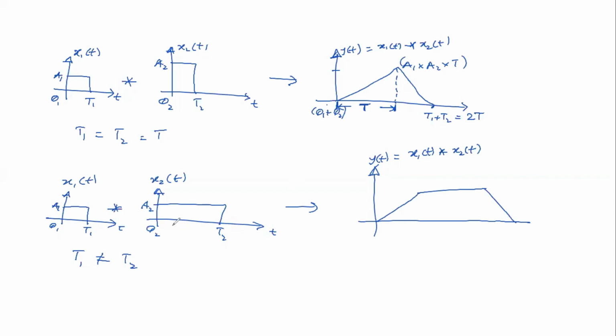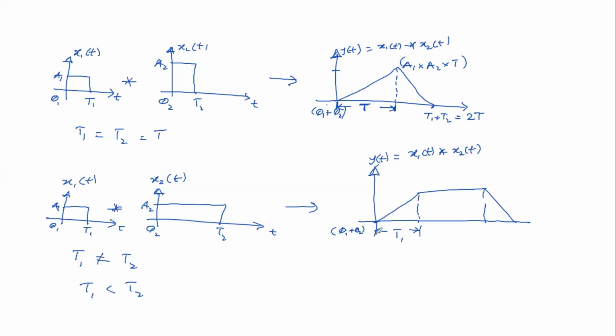Now, when the pulse durations are not the same, they are unequal. So in this case, T1 is less than T2. So at this point, we have 0, 1 plus 0, 2. So that's the origin. 0 plus 0 is 0. Now, you see that we have this point. We also have this point. At this point, we are going to use the lesser value, T1.